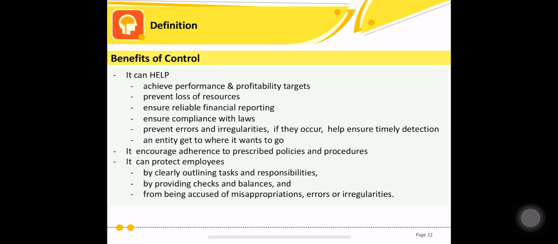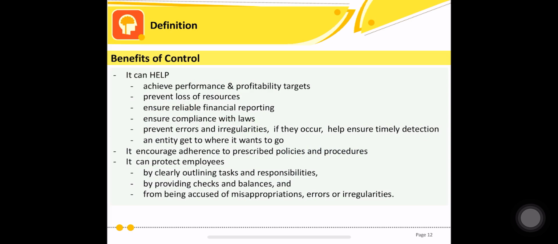Help ensure timely detection. So, if you have a good control, it can help you to not just prevent, but also detect. We will learn more about that in the next video. An entity gets to where it wants to go. So, again, in a nutshell, toward the objective of the company. Period.